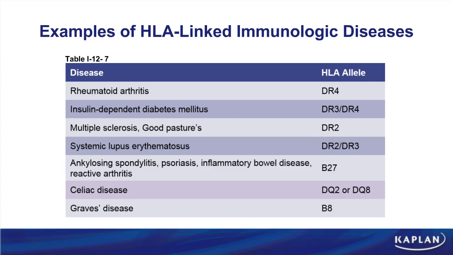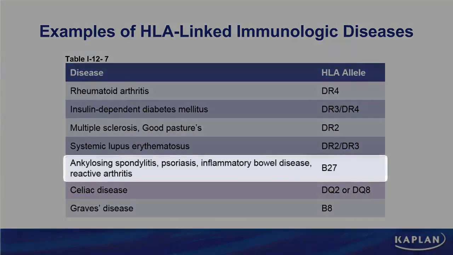So this table gives you a very short list of some of the HLA markers or alleles that are linked to autoimmune disease. Again, this is not an exhaustive list, but these are the most common. One of the things I want you to notice as you're looking at the different HLA types is that most of them are class 2. So there are way more class 2 associated HLA diseases than there are class 1.